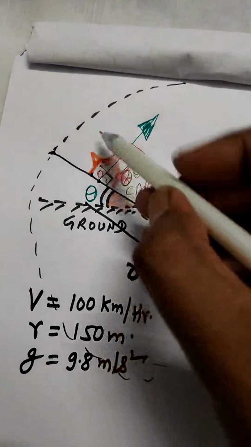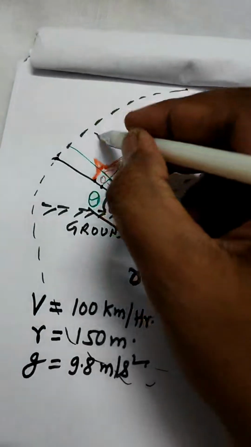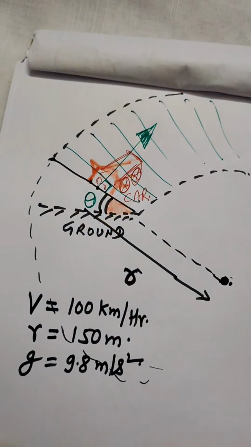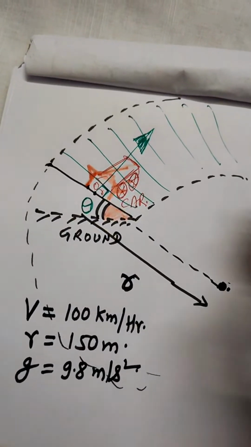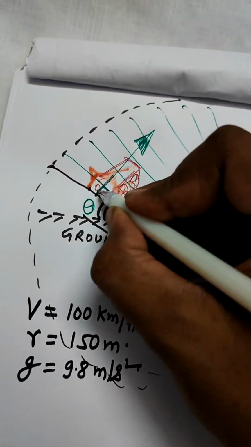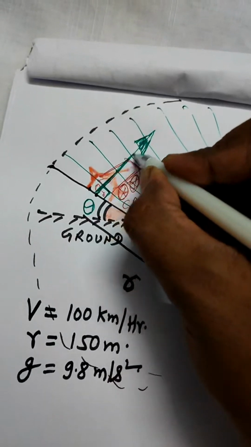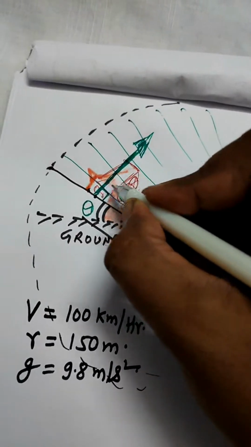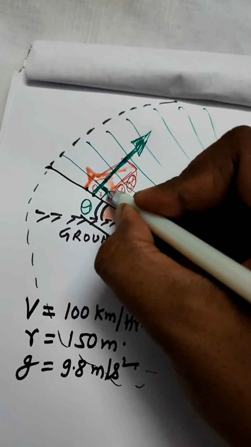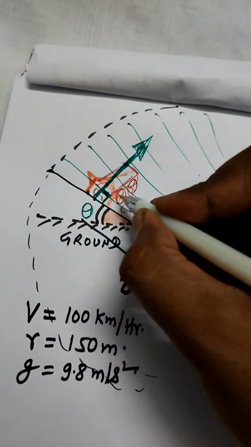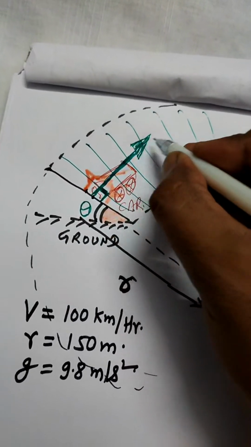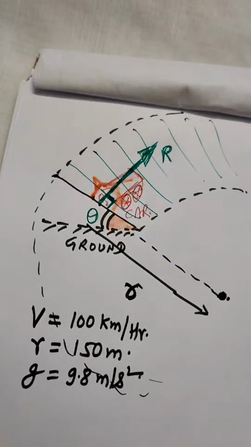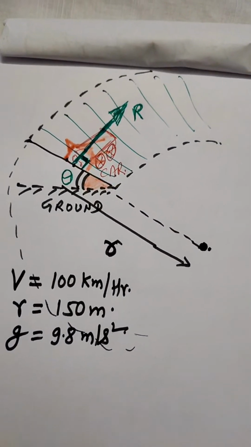So here you can see this is the road. This is the normal reaction, in the direction of 90 degrees to the banked road. Let us say this is the normal reaction R. We'll see the derivation also here.